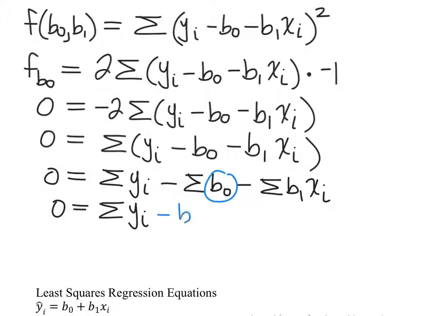I can write this as negative b sub 0 times the sum of 1. I'm going to put the index and all that good stuff on it in a second, just to really drive it home. But also I have a multiple of b sub 1. It's not constant, it's what we're treating as a variable. I can pull that out also. So minus b sub 1 times the sum of x sub i.